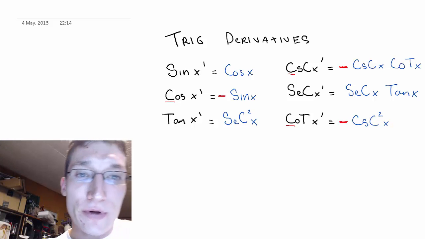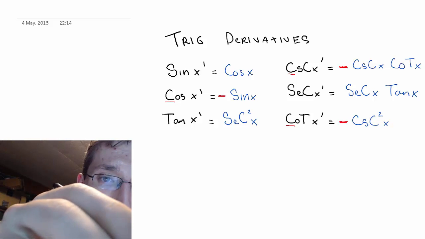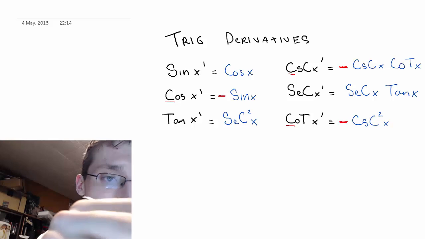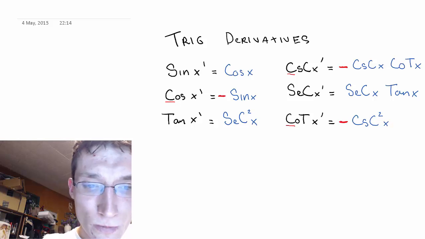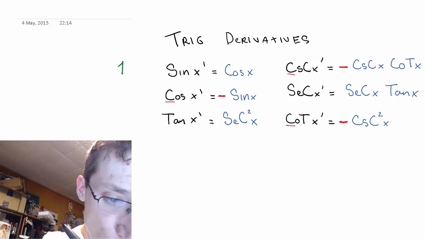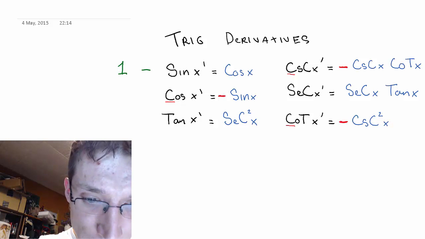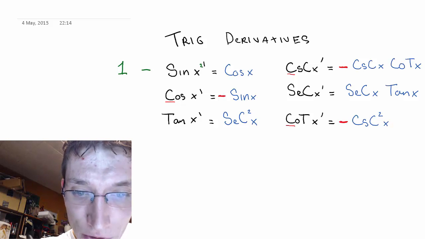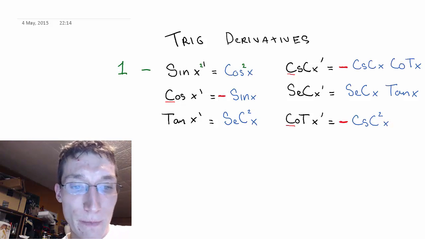I also have a little bit of additional help that some might find useful. For example, if you put 1 minus sine x squared, you will get cosine x squared.